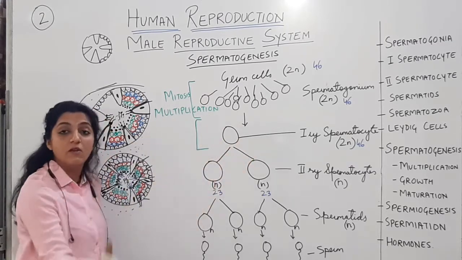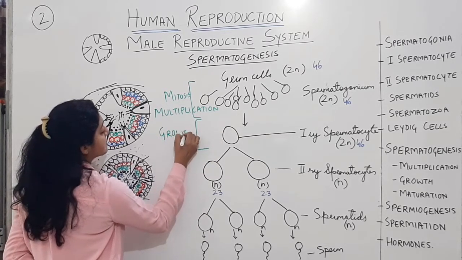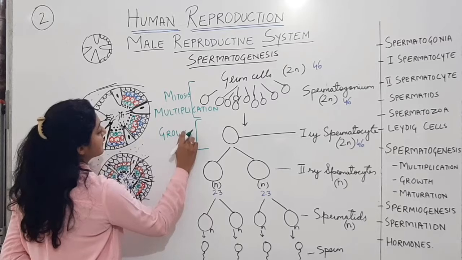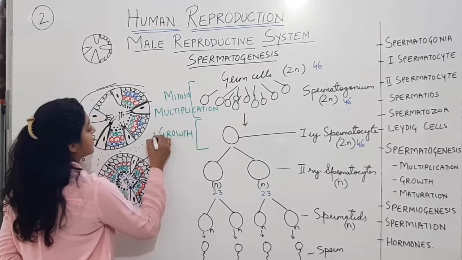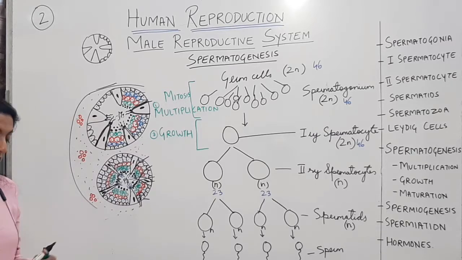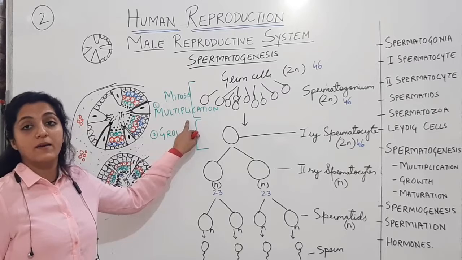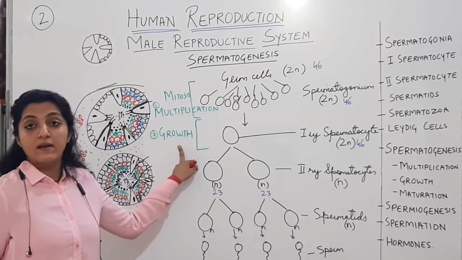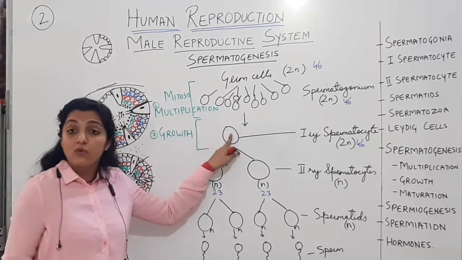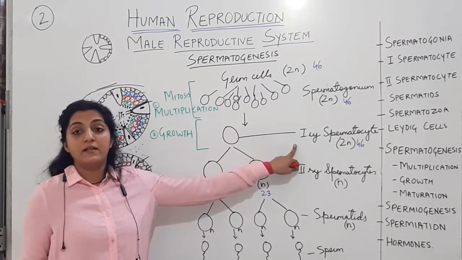Growth हुई है because of accumulation of food. We call it the growth phase. This is 2, this is 1. So spermatogenesis के process में पहले mitosis हुआ है, multiplication हुआ है, then growth हुआ है, where the spermatogonium has grown in size because of the accumulation of food, and we call it the primary spermatocyte.